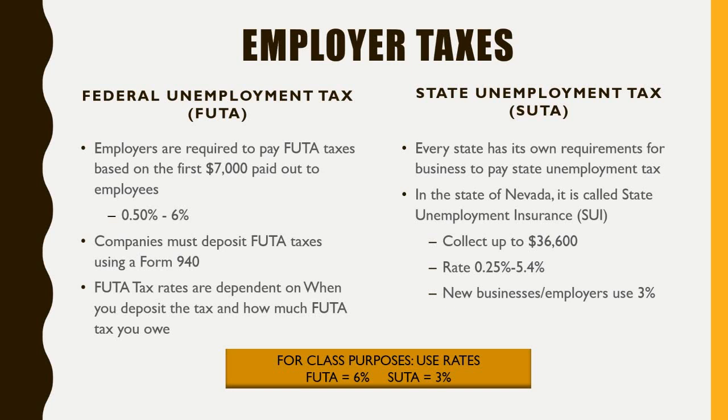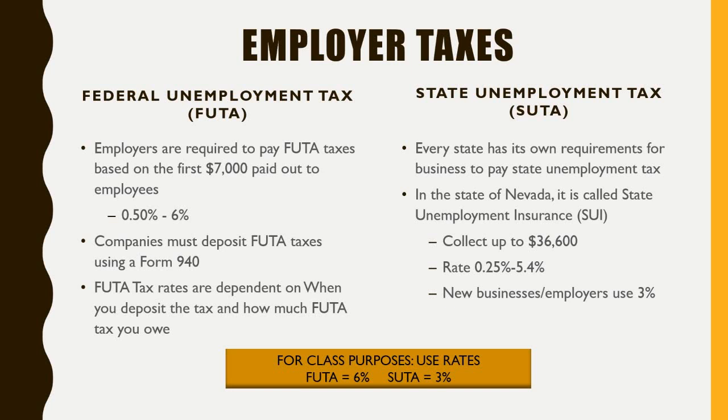Because if you do not pay your federal unemployment taxes, you can be subjected to an increase in this percentage rate. So knowing how much money you owe and how many payments you've made is also going to determine the rate that you're going to be designated as, okay?